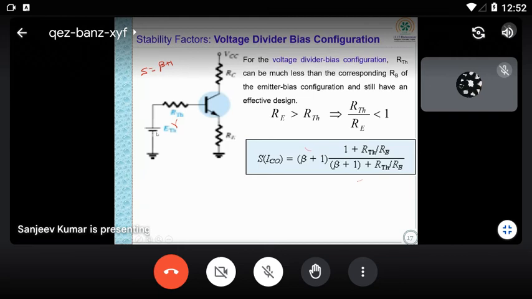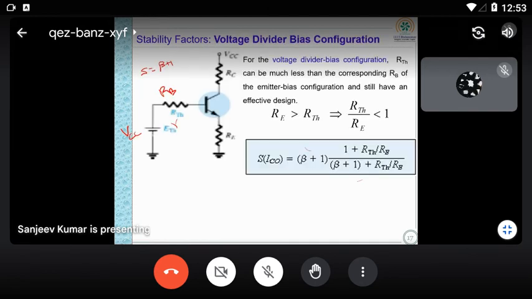You have already seen this relation between the emitter biasing configuration and the voltage divider configuration. If I'm considering the earlier case, this is your VCC and this is your RB. Now here we are representing it in terms of RB, so that's why RTH. In place of RB, you have written RTH. Other things are the same, you can see.